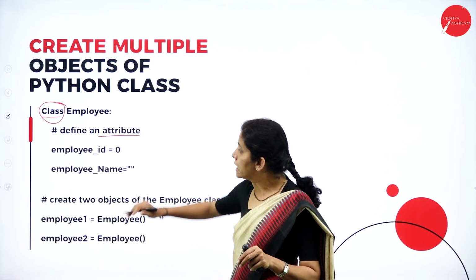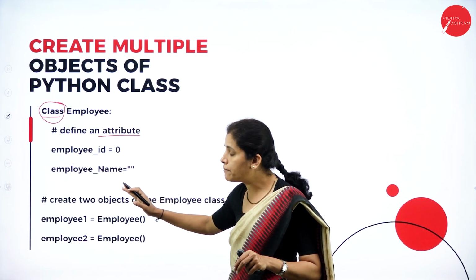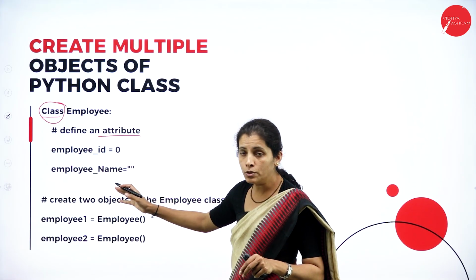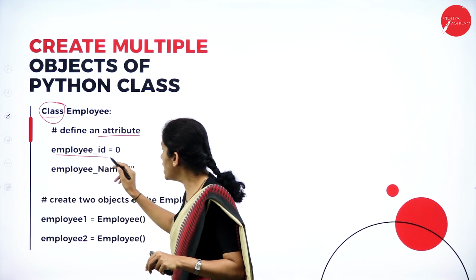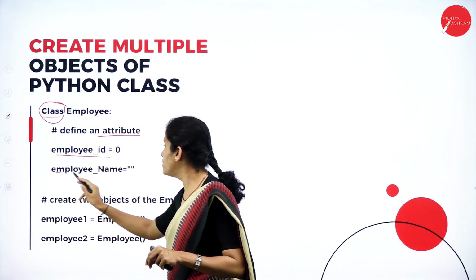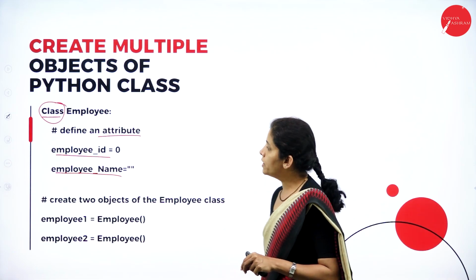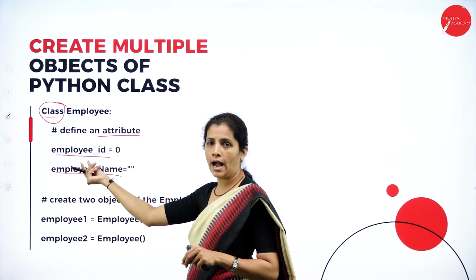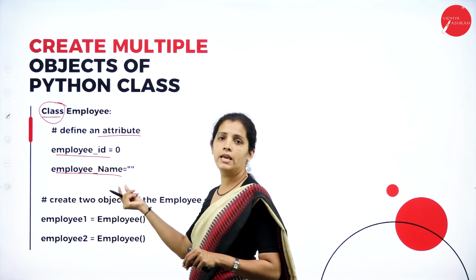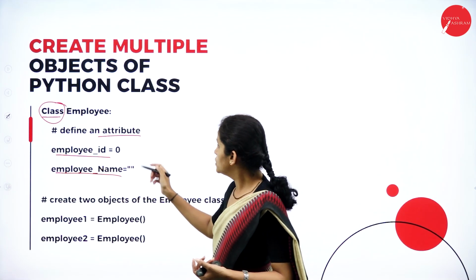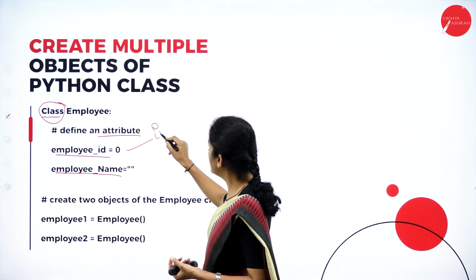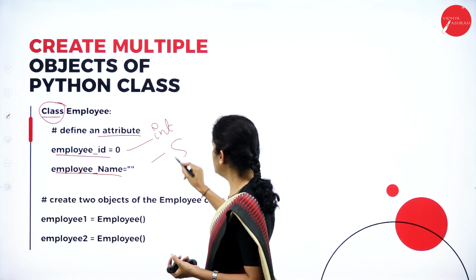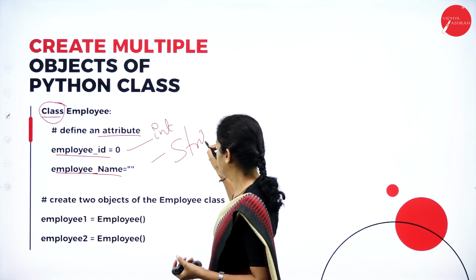In my class, I am going to have the attributes, that is employee ID and employee name. Initially, I'm assigning 0 to employee ID and employee name is assigned a string. So here it is integer data type and here it is string data type.